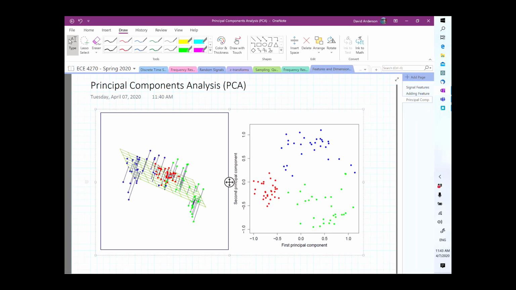So principal components analysis is one way of trying to take data in a higher dimension and express it in a lower dimension in such a way that you have maximal separation between the data samples. So there's one example. I will show you one other one in MATLAB.